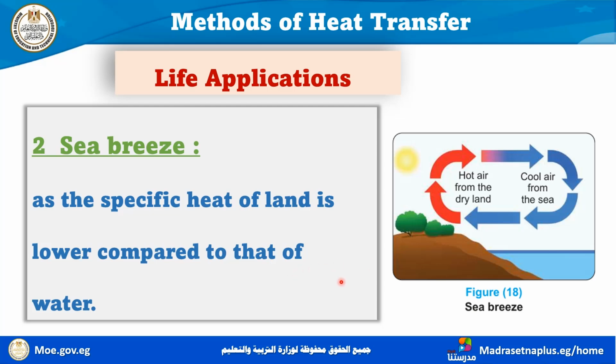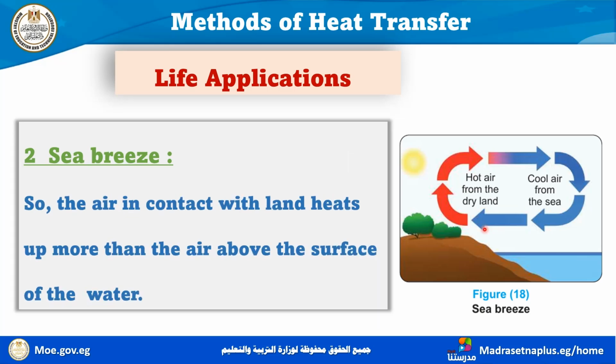So what happens during the effect of the heat of the sun on both land and water? The land is heated up very fast, while water needs much more time to be heated. So what will happen? The air in contact with the land heats up more than the air above the surface of the water.